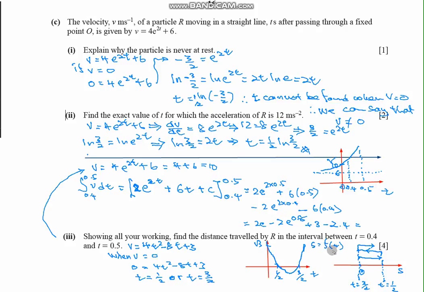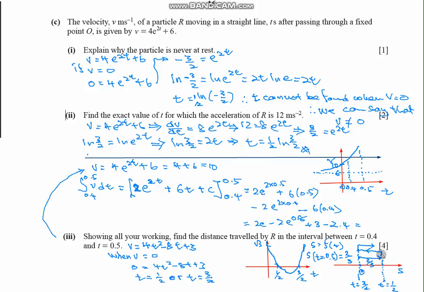Now we know from 0 to t equal to half, if you substitute t equal to 0.5, you will get a distance of 2/3. But before that, you must integrate to get the s function. Then if you substitute t equal to 0.5, you will find out this distance is actually 2/3.